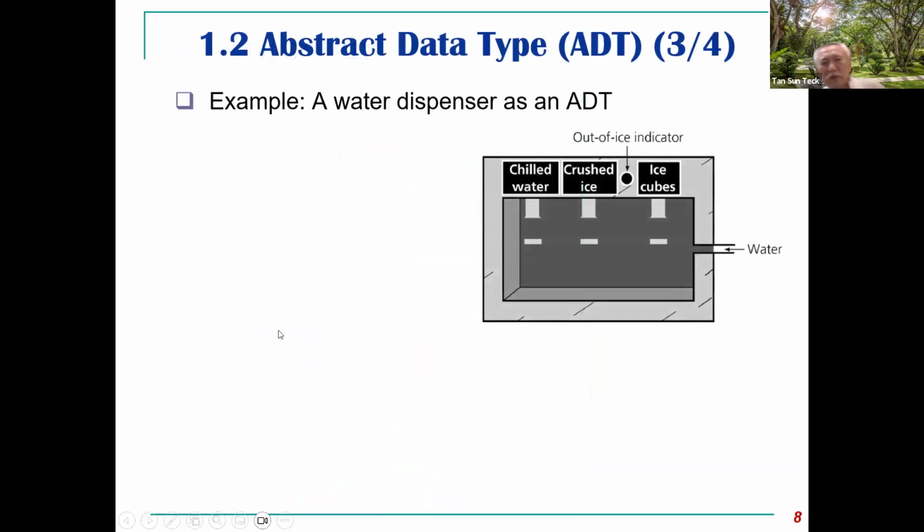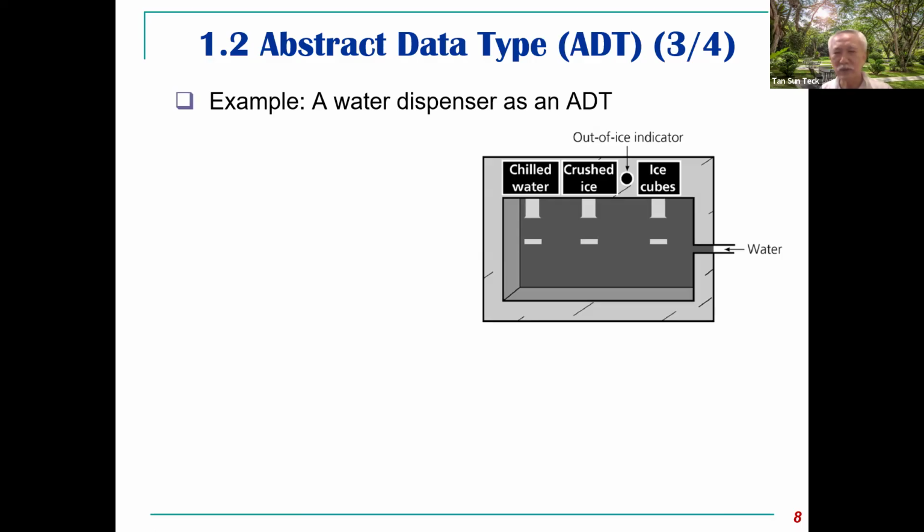Right, so we can use one example to explain what an ADT is. Let's imagine that this water dispenser is an ADT. Again, we need to know what data this ADT can operate on and what the operations are, but we do not know how it is implemented, because the engineer implementing this water dispenser will have to do the implementation.